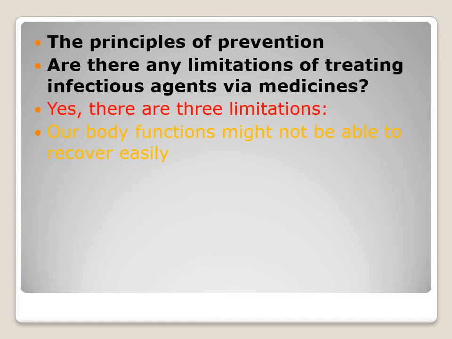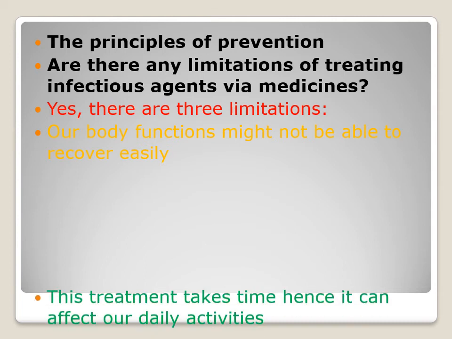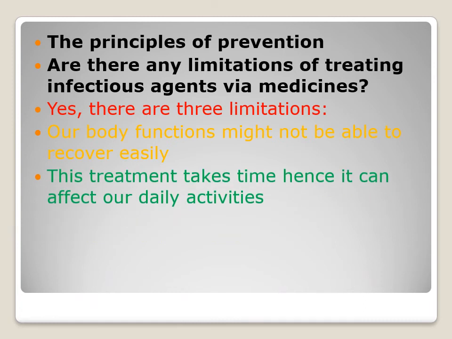That means if one is taking drugs for treating some disease, the body function is not easy to recover. The other body functions may get impaired. Number two, the treatment takes time, hence it affects our daily activities.